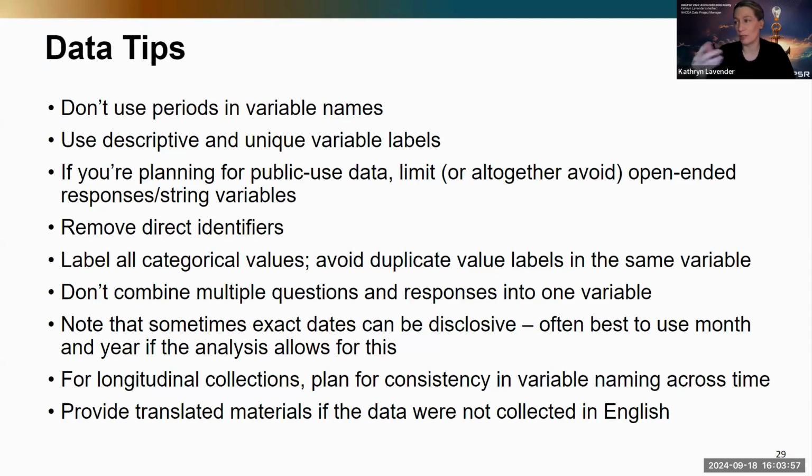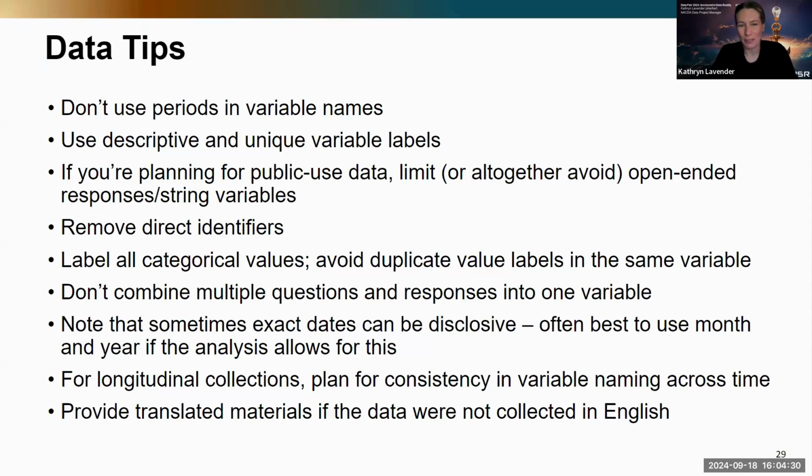Of course, that's just for the curated option. But if you were to self-publish variable names that have periods in them, then somebody who downloads your data has to convert them to use them in whatever package they prefer. And the more changes we have to make to data, the more room for errors there are. We do want you to use descriptive and unique variable labels. And I think I have probably said that a couple times already.